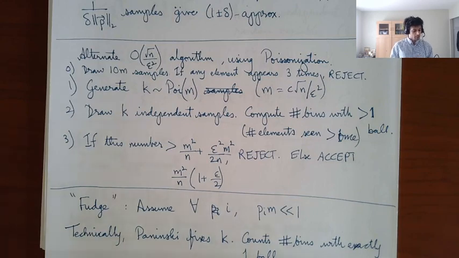You have to be careful, because if one pi is actually 1 over root n, it's still, in total variation, very close to uniform because there's only one element with high probability. Okay, so technically you don't even have to reject in that situation. You can still accept, that's true. You only need to reject when there's one element that has essentially a constant probability.